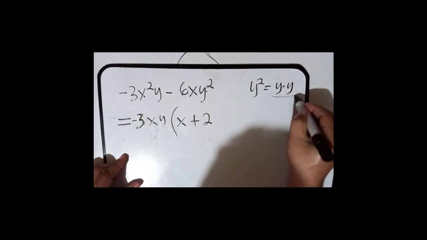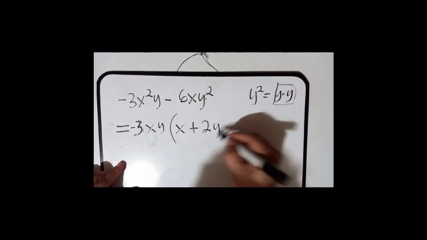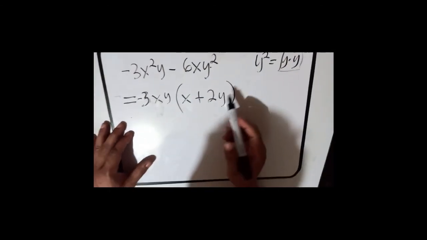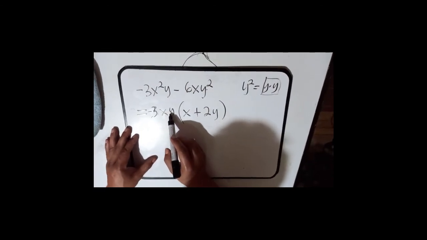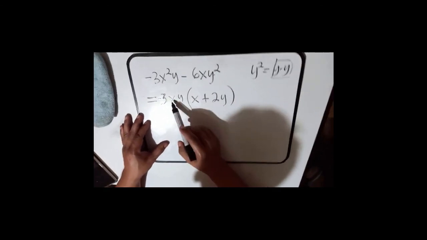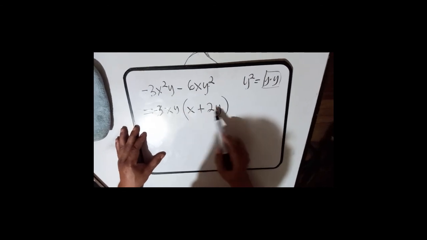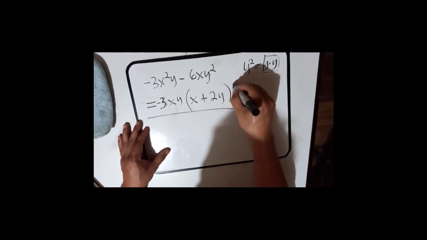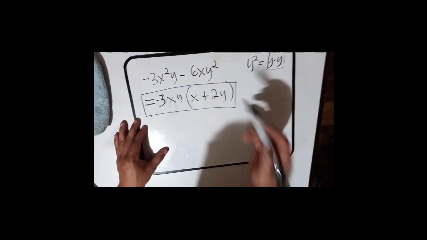So we need to add 1 y because the other y is already available outside the parentheses. So negative 3xy times positive 2y is negative 6xy squared. There you go. This is now the factor of our expression.